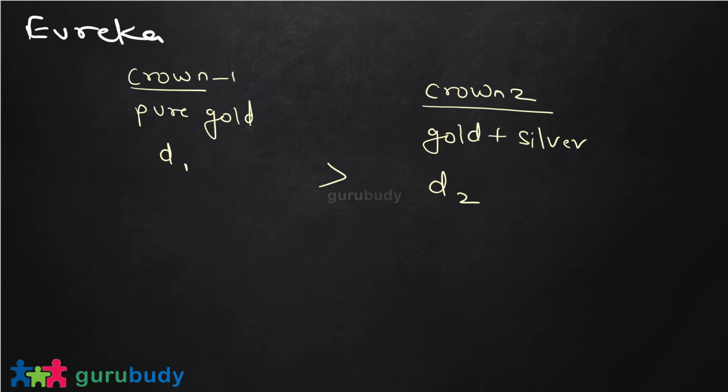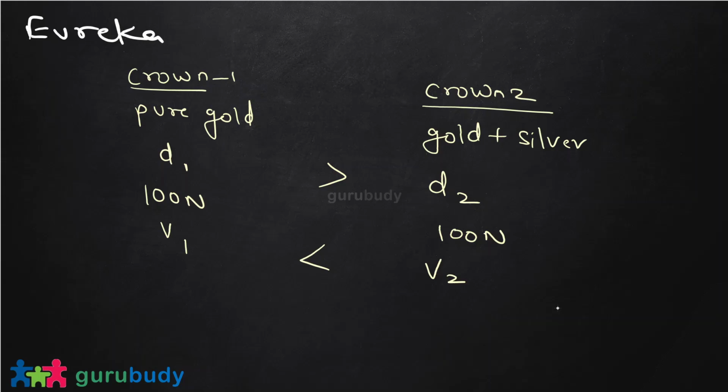Now, if we have both the crowns of the same weight, 100 Newton, or you can say both are of the same mass, then the volume would be higher in crown 2. Why is that?